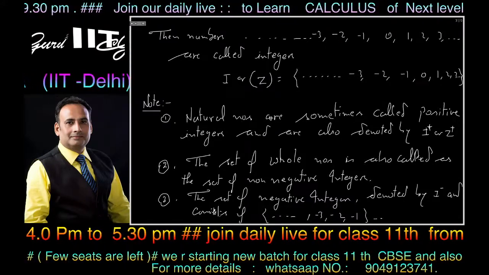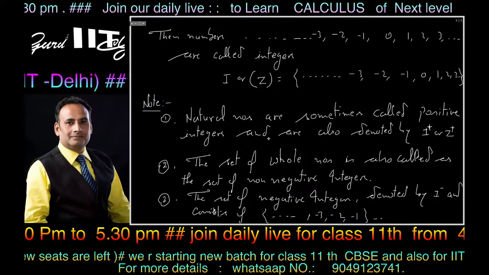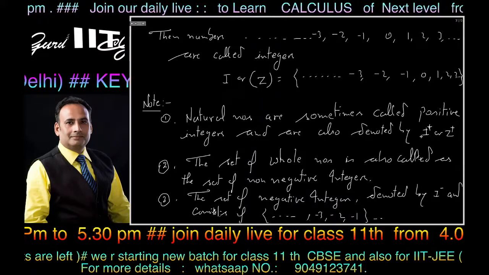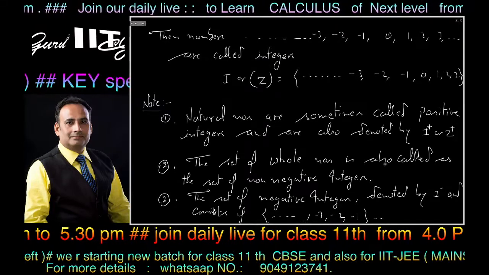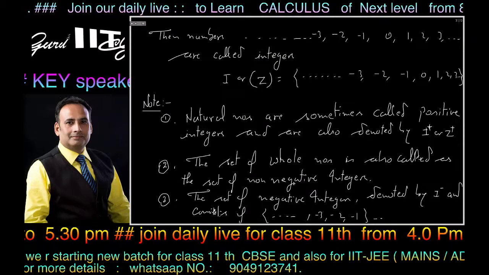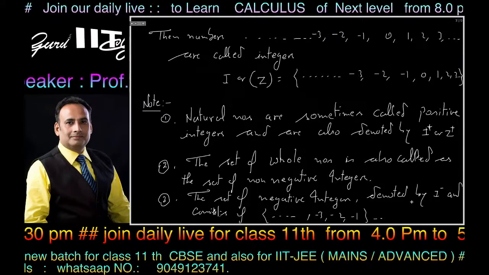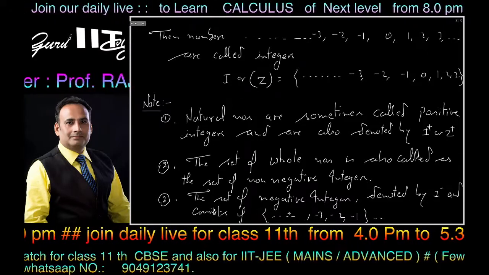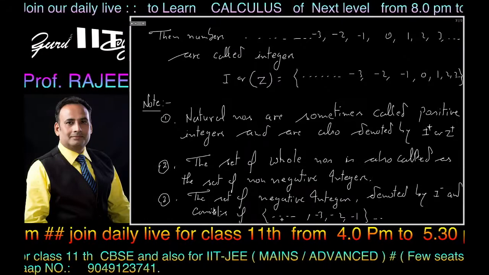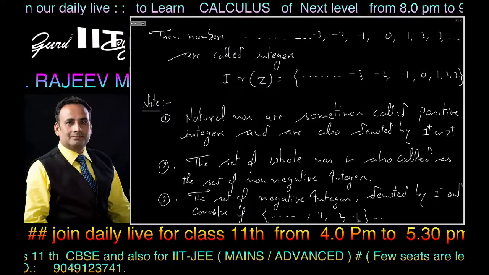Note points: natural numbers are sometimes also called positive integers and are also denoted by I plus or Z plus. The set of whole numbers is also called the set of non-negative integers. The set of negative integers is denoted by I minus and consists of dot dot dot, minus 3, minus 2, minus 1.